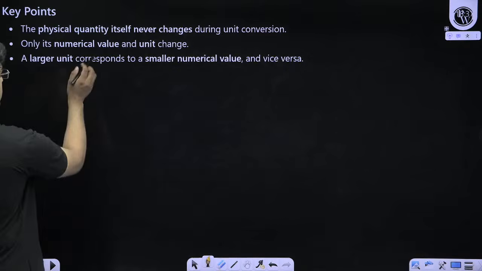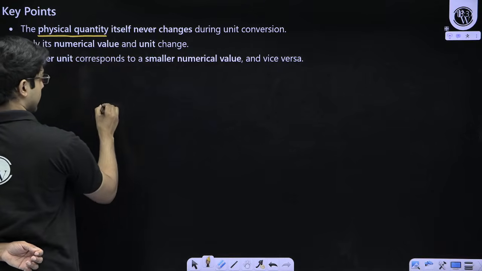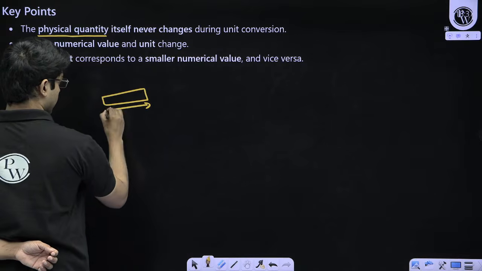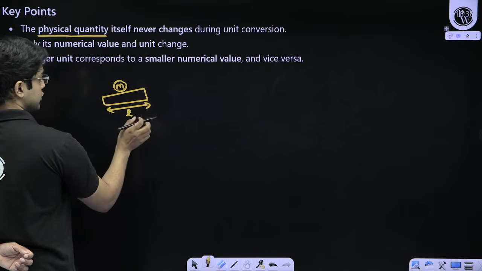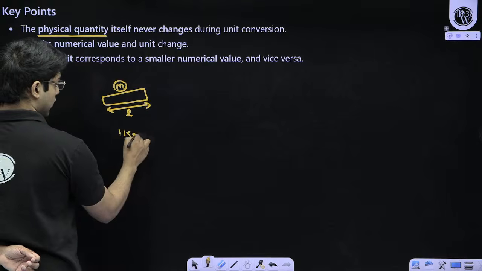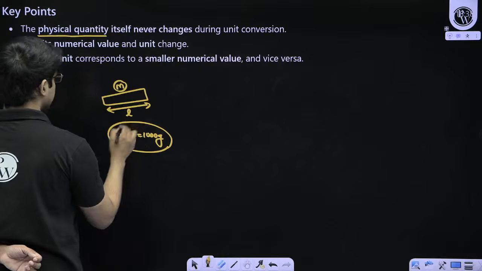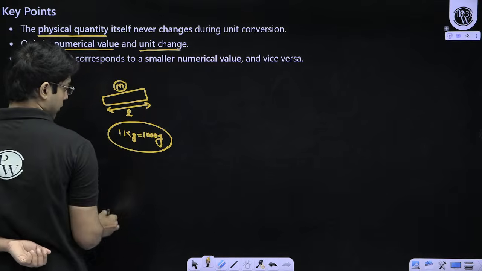The key point is that the physical quantity, whatever it is, a rod's length or mass, does not change if you change the unit system. If you write it as 1 kilogram or 1000 grams, it's the same. Only its numerical value and unit change.